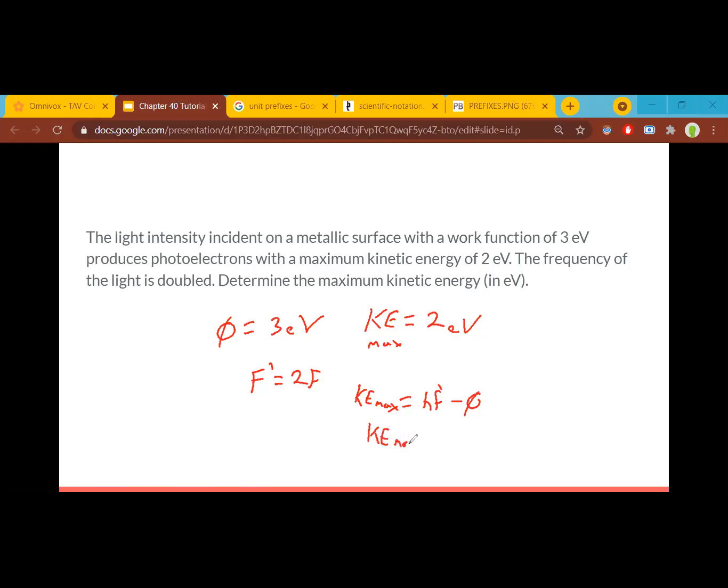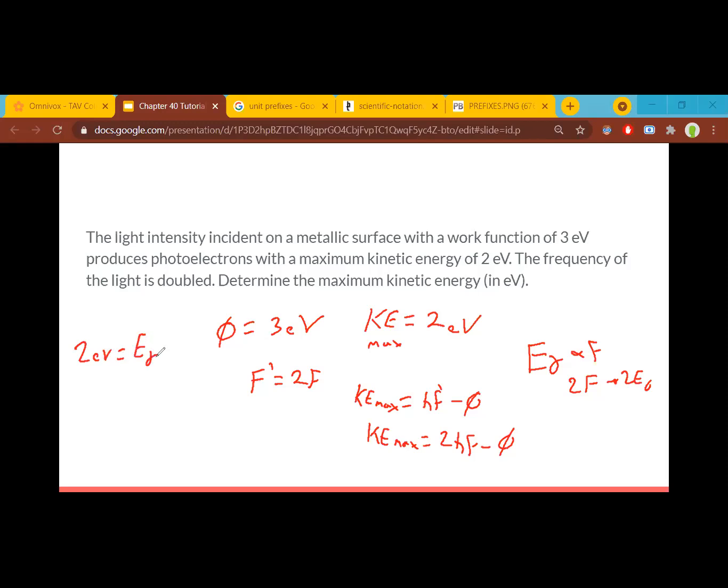And so whatever energy we get from the photon, it's twice as much energy, right? Because the energy of the photon is directly proportional to the frequency. So if you double the frequency, that means the energy is also doubled. Then if you look at it initially, you had 2 electron volts of max kinetic energy.